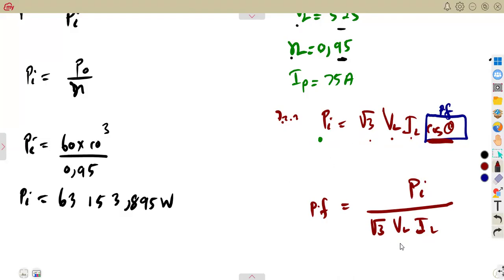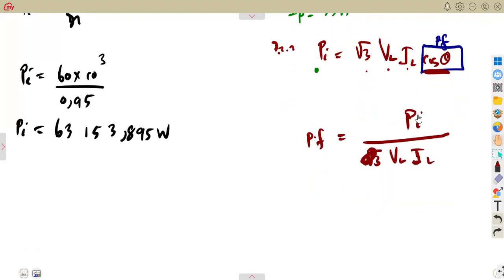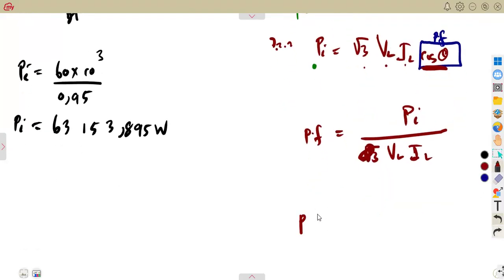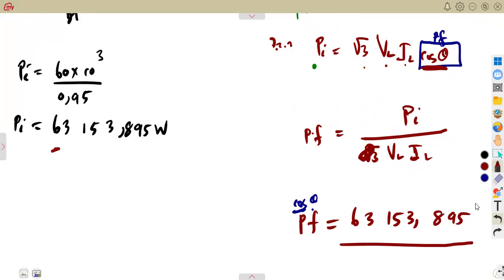If you're working with the phase, you just use the 3 as it is. So everything is there. We can calculate our power factor, which is the cos of theta. Do not forget, guys, this is cos of theta representing the power factor. So that is from the input power that we got, 63,153.895 divided by the square root of 3.